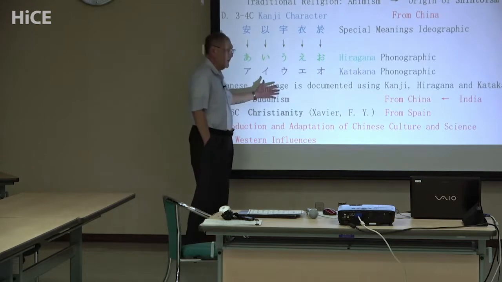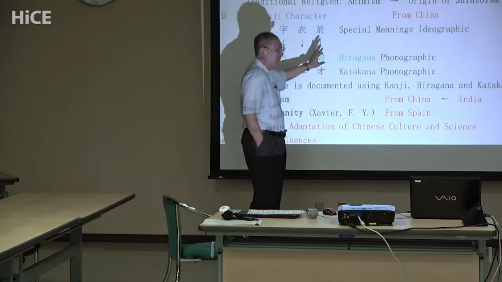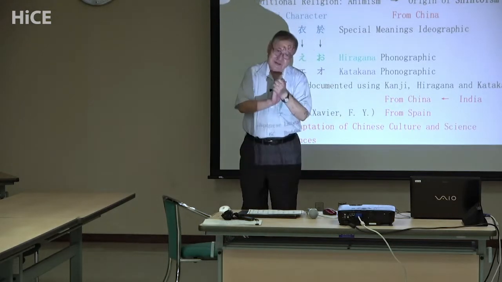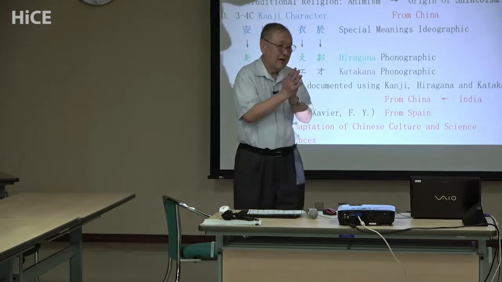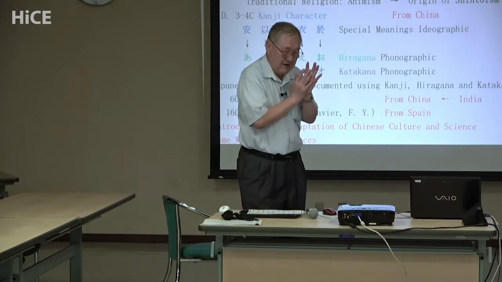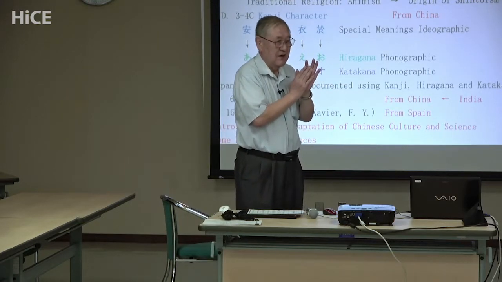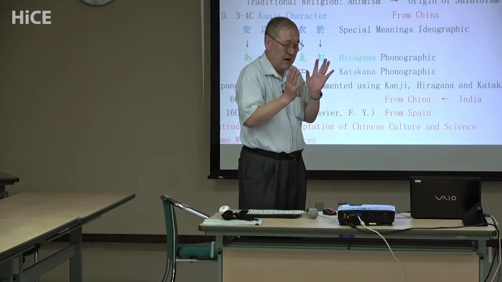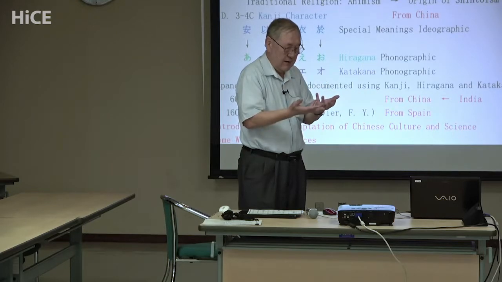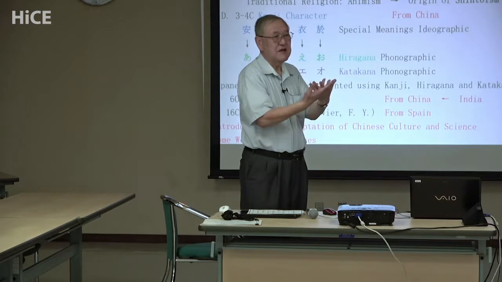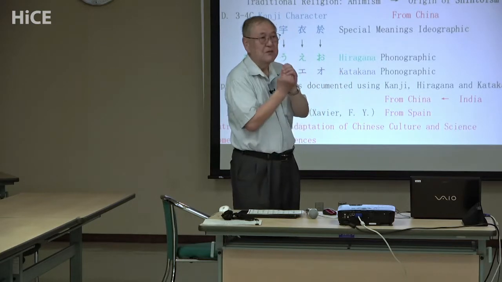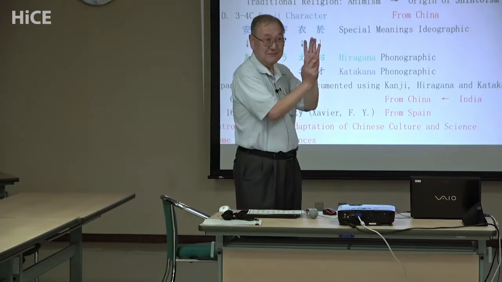And about the Japanese religion, I dare to tell you that it's a very funny story, but here are the statistics about Japanese people. 70% of Japanese people believe in Buddhism.